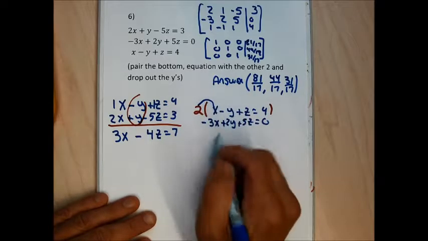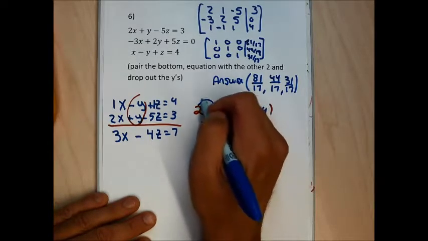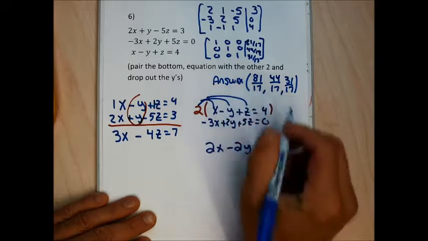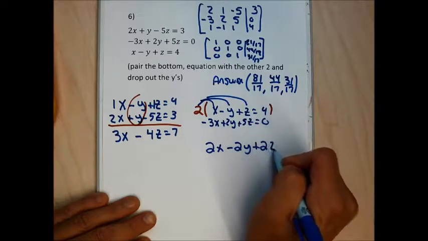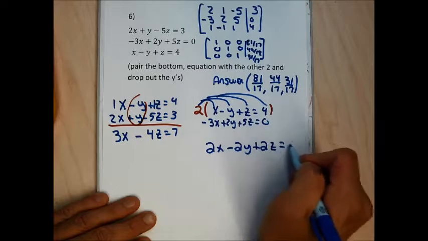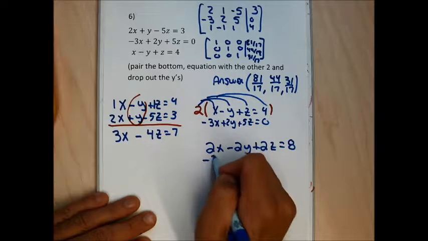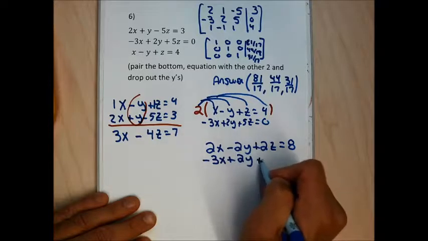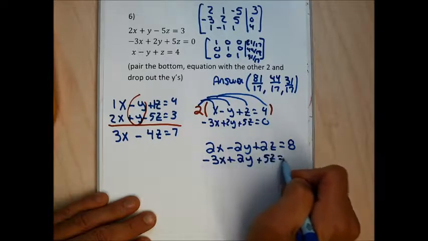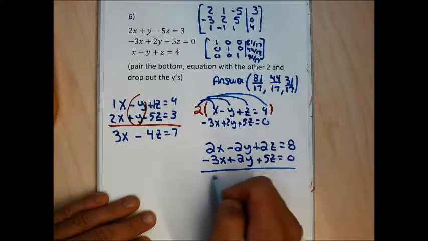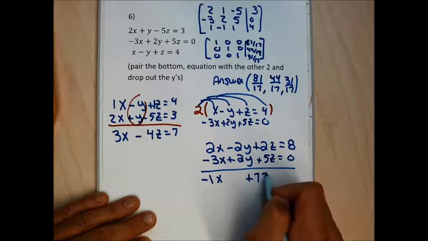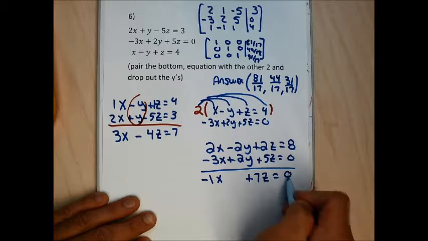So I'm going to go 2 times x is 2x. 2 times minus y is minus 2y. 2 times z is plus 2z, 2 times 4 is 8, and then minus 3x plus 2y plus 5z equals 0. Add these together and get negative 1x, y's cancel, plus 7z equals 8.